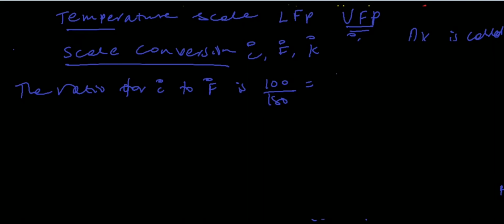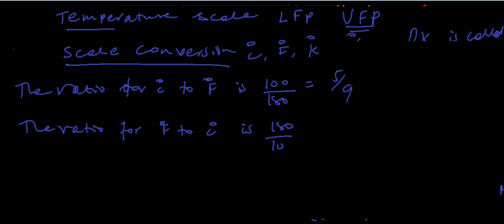So we get 5 over 9. The ratio of degree Fahrenheit to degree Celsius is 180 over 100, which is 9 over 5.